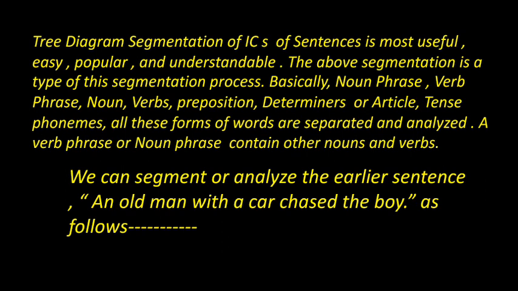The above segmentation is a type of this segmentation process. Basically, noun phrase, verb phrase, noun, verbs, preposition, determiners, or articles, which are a type of determiners, tense, phonemes, all these forms of words are separated and analyzed.